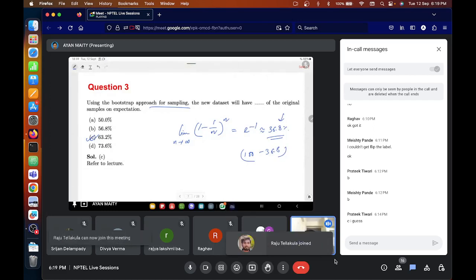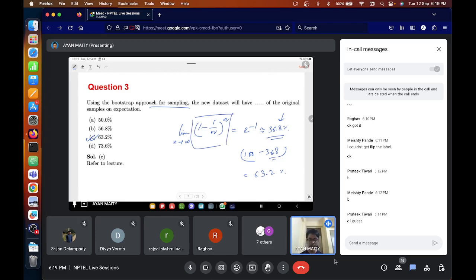So on expectation 100 minus this 36.8% will be picked, which is 63.2%. So this is how you calculate this. This is the probability that you have to remember. This has also been taught in the class, that this is the probability that a given training example is not picked during the sampling process of bagging, and that probability is this 36.8%.